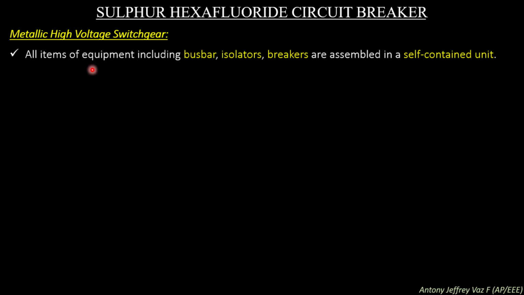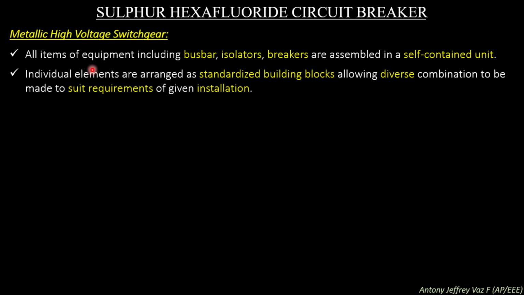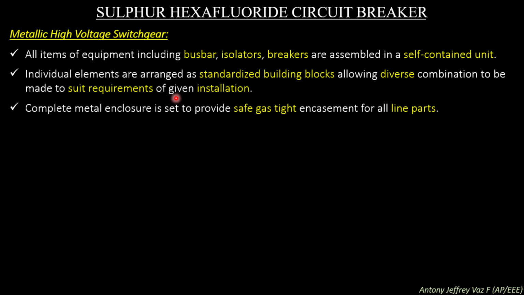Metallic high voltage switchgears. All items of equipment including bus bar, isolators, breakers are assembled in a self-contained unit. Individual elements are arranged as standardized building blocks allowing diverse combinations to be made to suit requirements of a given installation.